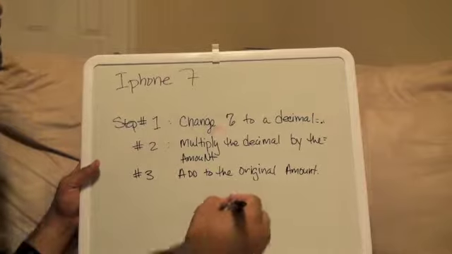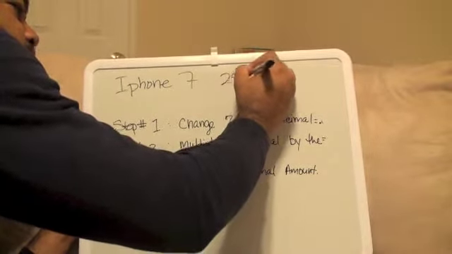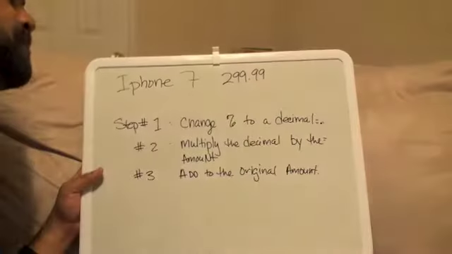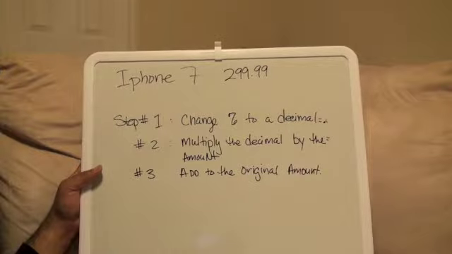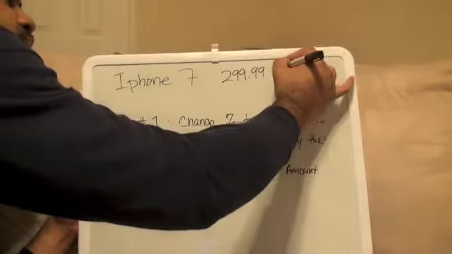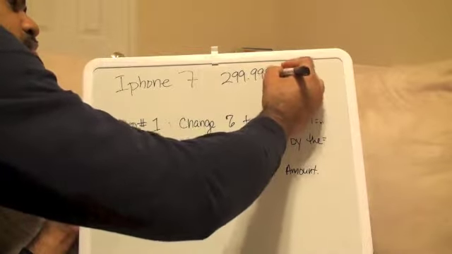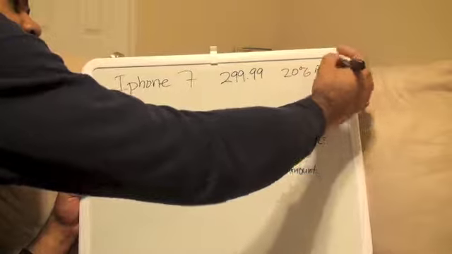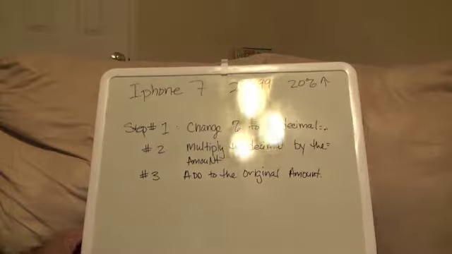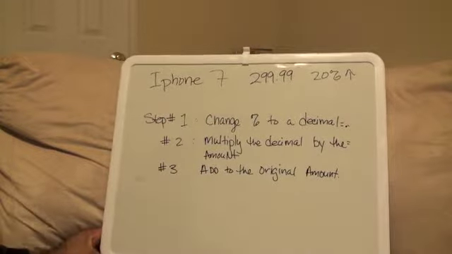Now let's say the cost is going to be $299. But because they want you to be the first people to get it, it's going to cost you a 20% markup. Put a little arrow for markup. So let's figure out how much that iPhone 7 is going to cost you after the markup.